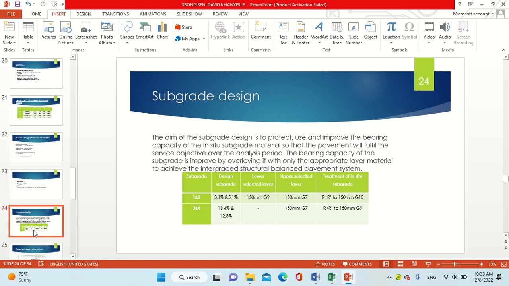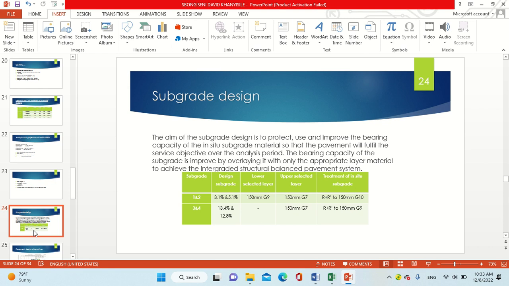Let's look at the subgrade design. The aim of the subgrade design is to protect and improve the bearing capacity of the in-situ subgrade material so that the pavement will fulfill the service objective over the analysis period. The bearing capacity of the subgrade is improved by overlaying it with an appropriate layer material to achieve a balanced pavement structural system.